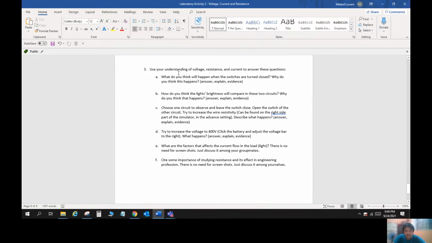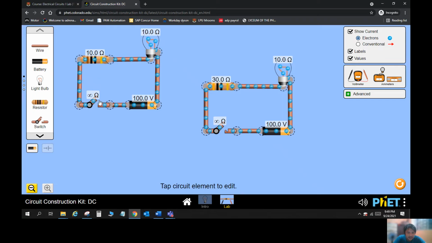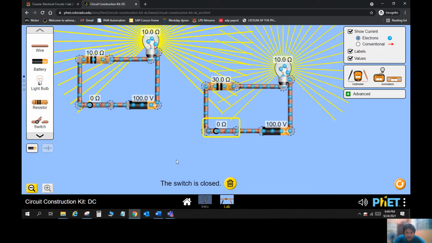Okay, so use your understanding of voltage, resistance, and current to answer this question. So what do you think will happen when the switches are turned close? So why do you think this happens? Close natin. Okay?